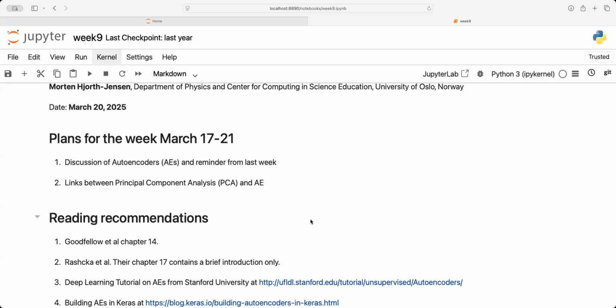Except for variational autoencoders, we need to bring in more statistics, and we need to have some elements of Bayesian statistics as well. So generative methods are going to be the topic which we will deal with for the rest of the semester after next week. But today we will try to wrap up this discussion of autoencoders with programming examples, and then we will move over to generative methods, presumably next week.